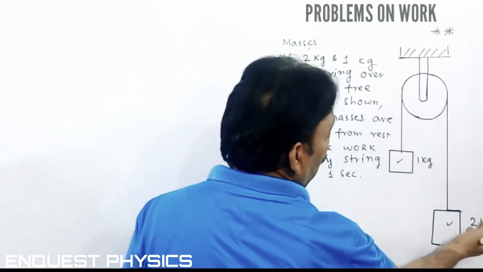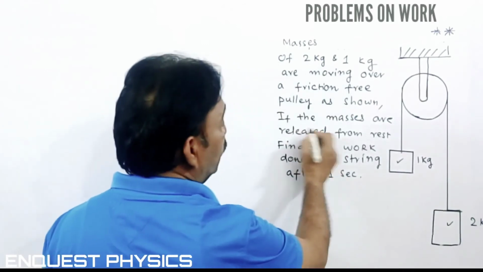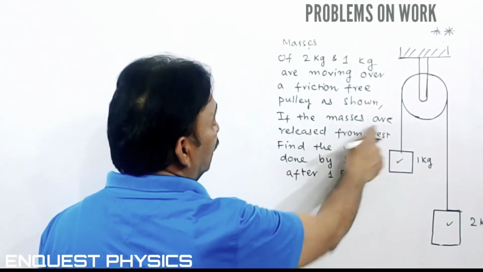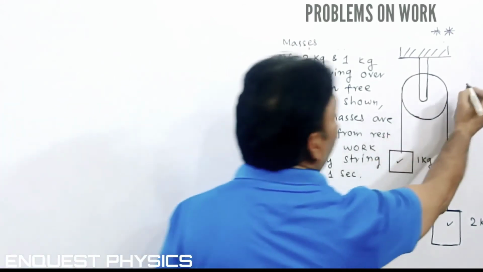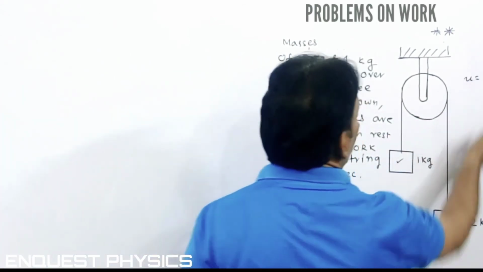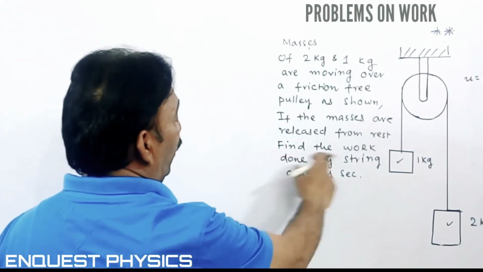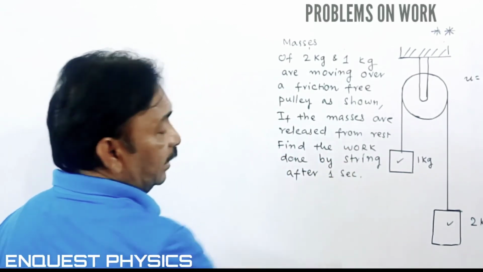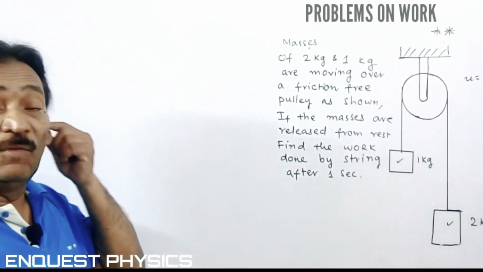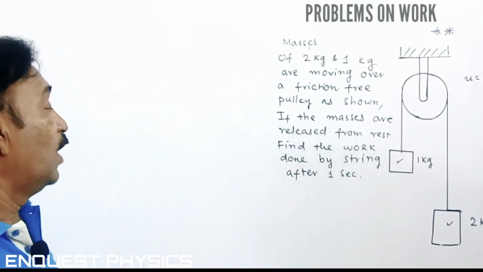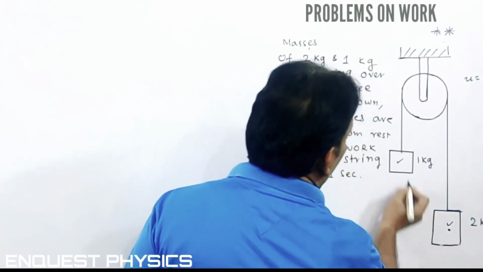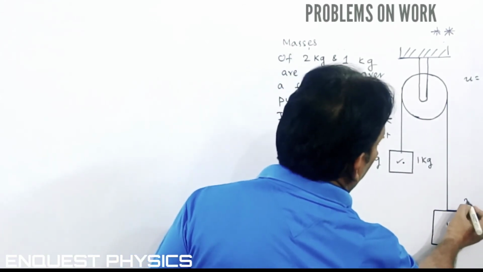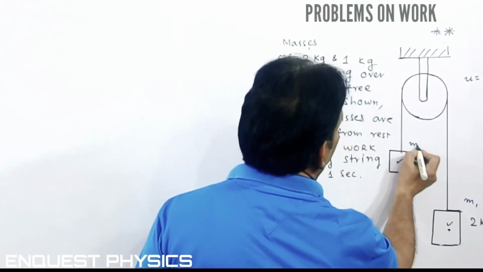He is asking us, if the masses are released from rest, that means the initial velocity of the system is 0, find the work done by the string after 1 second. Let's say the heavier mass is M1 and the lighter one is M2.